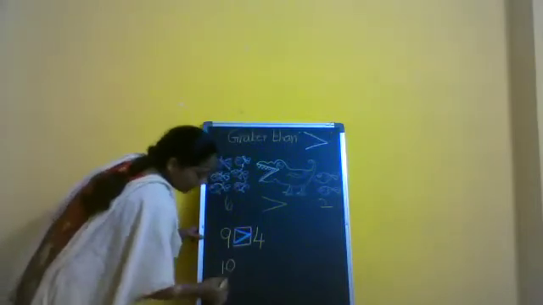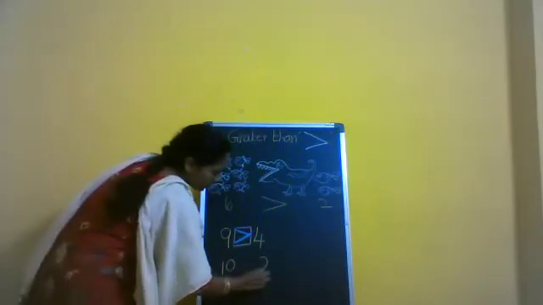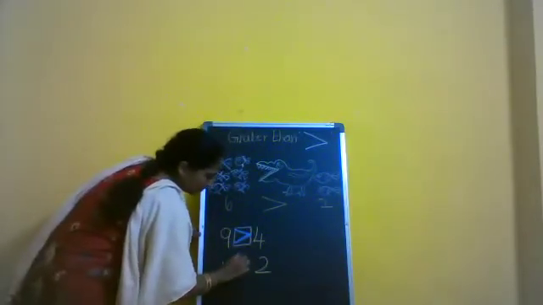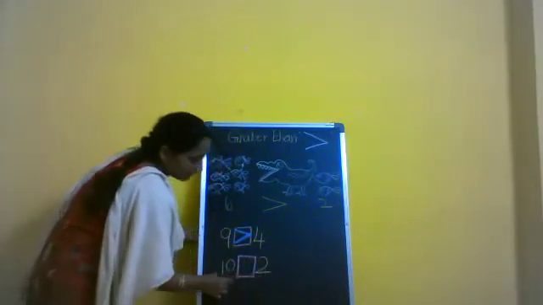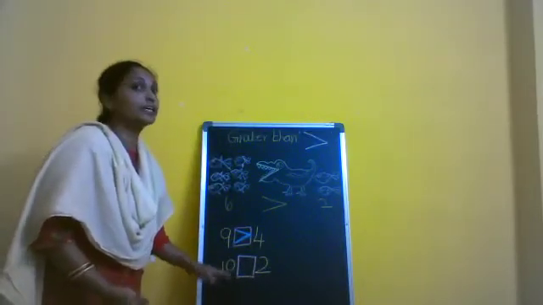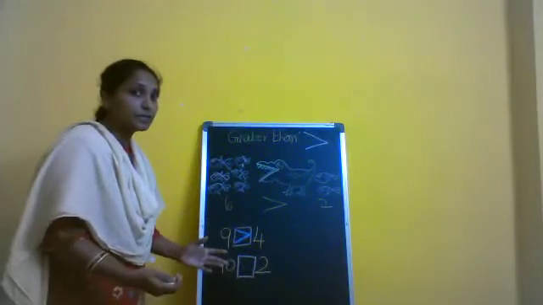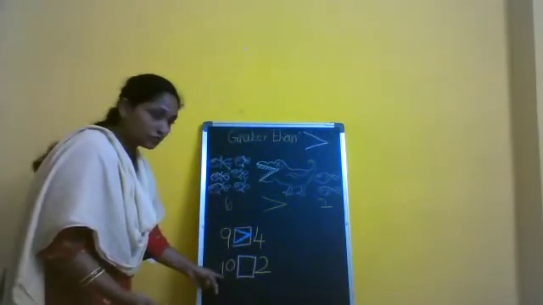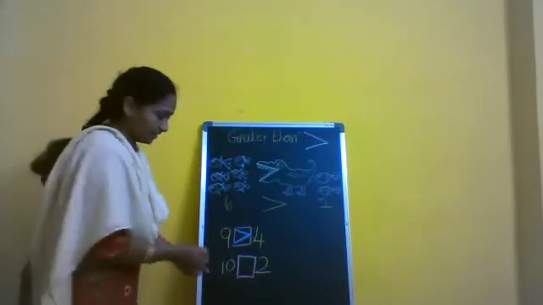Now, one more. 10. Yes? You know numbers, right? 10 and 2. We are comparing numbers. See, which number is greater, big, large number, same. Now tell me, which one is the greater number here? 10.